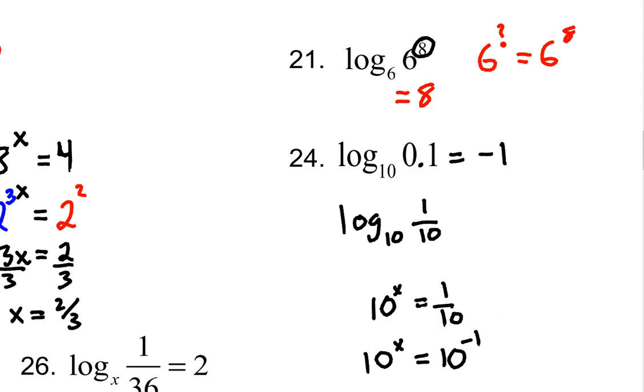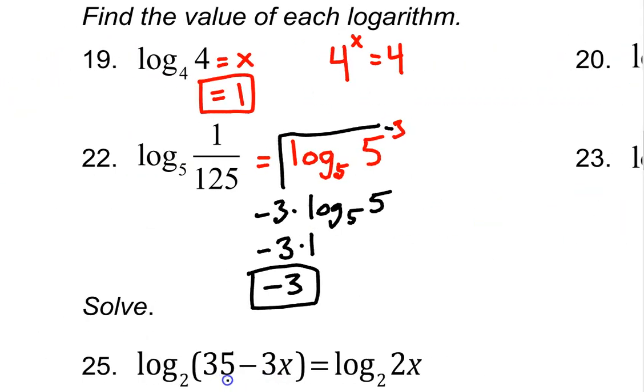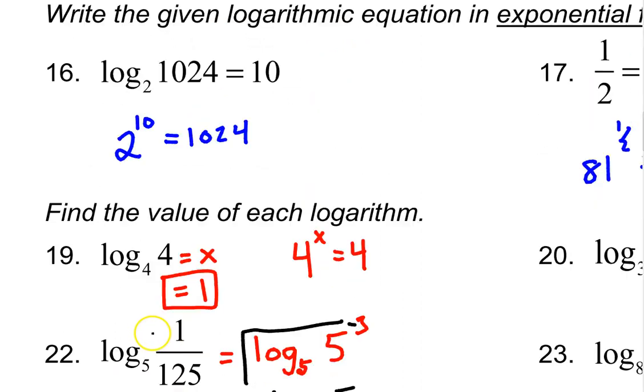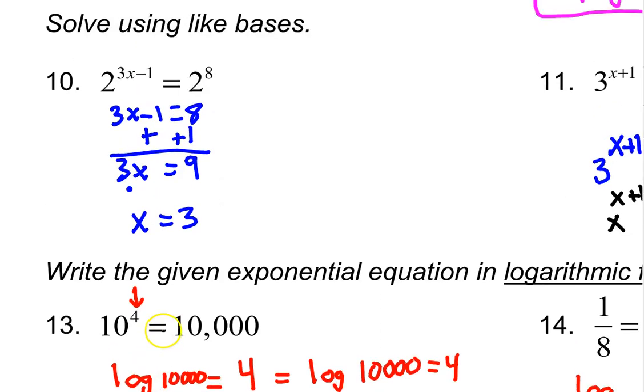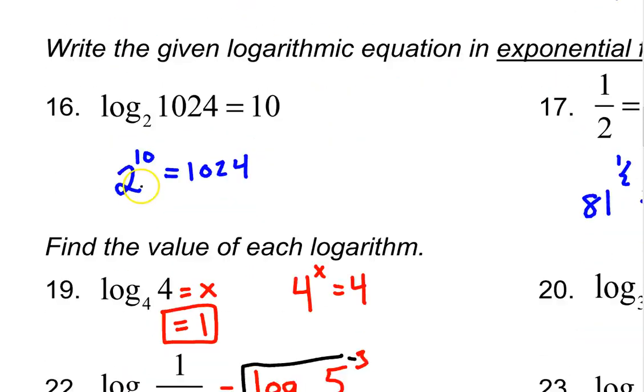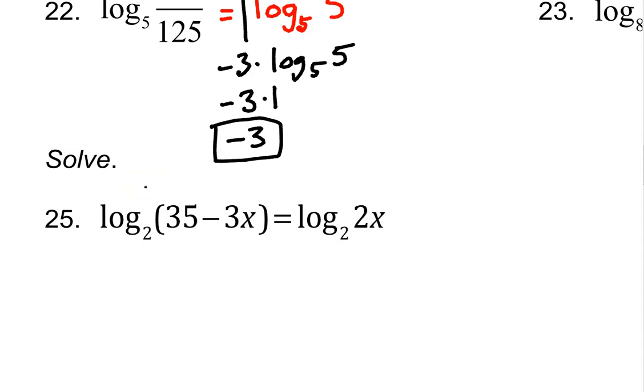All right, next let's do some solving. This first problem is very similar to the first solving problem we did here. They had the same base, so we just made the exponents equal to each other. So on number 25, they have the same logarithm. They both have a log of 2 on both sides, so we just set the other parts inside equal to each other.